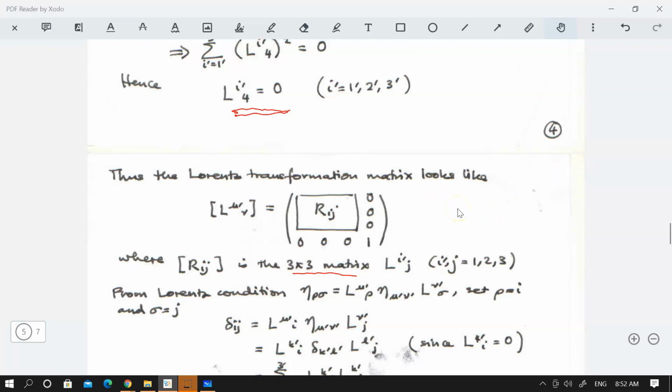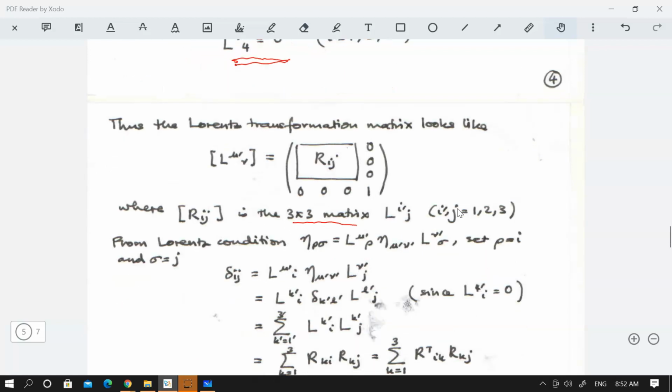Well, in this particular case, we are going to look back at the Lorentz condition here, and set rho to be equal to I. I forgot to mention this earlier.